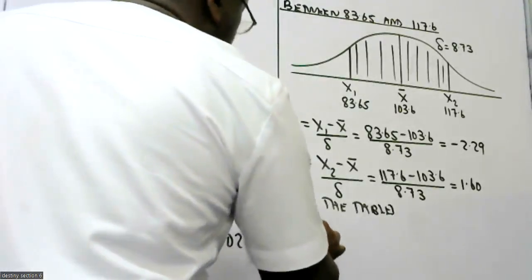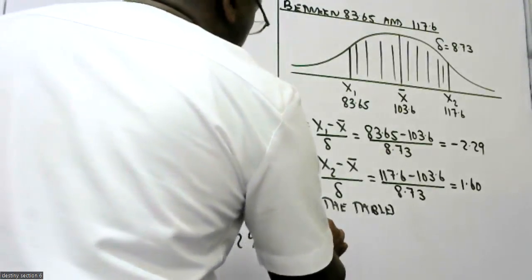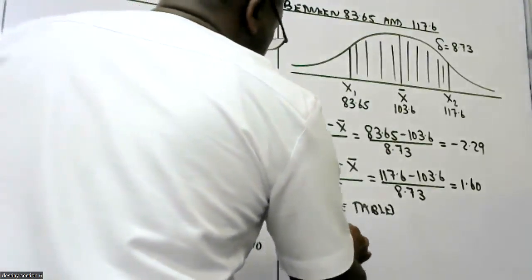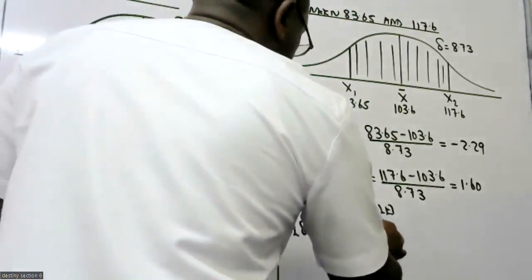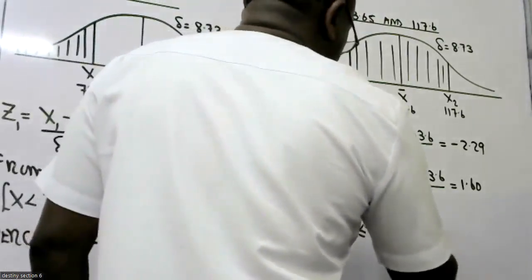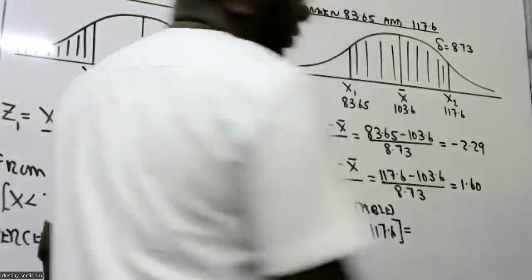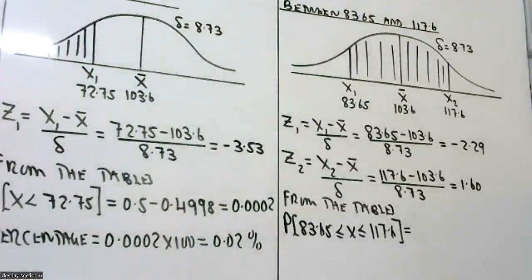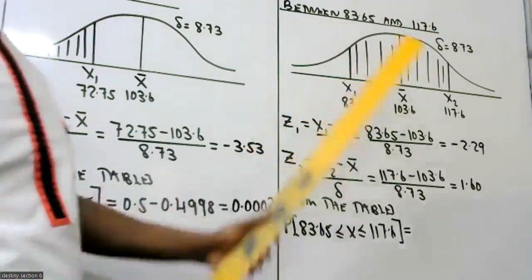probability that we are between 83.65 and 117.6. So what we shall do is, because they are in between, we shall add.